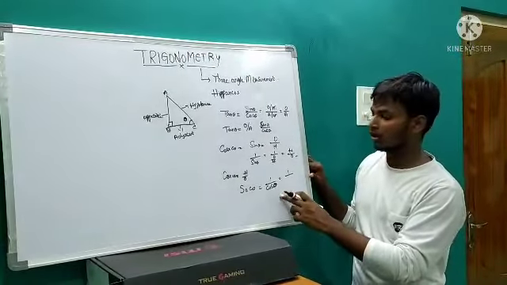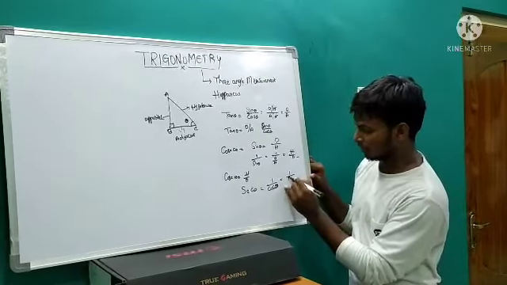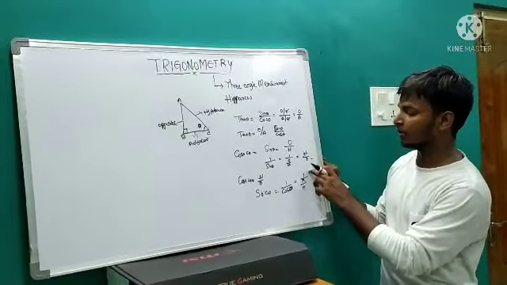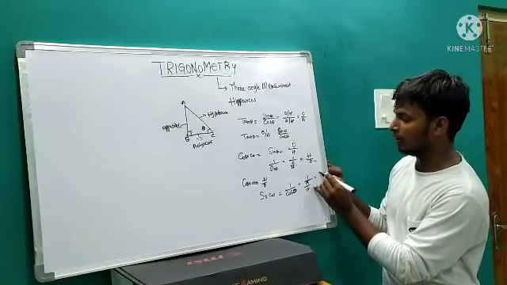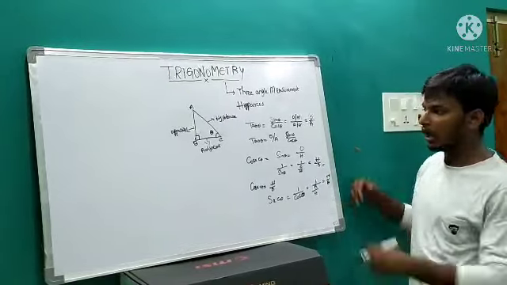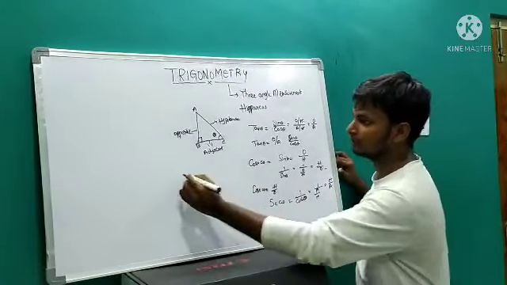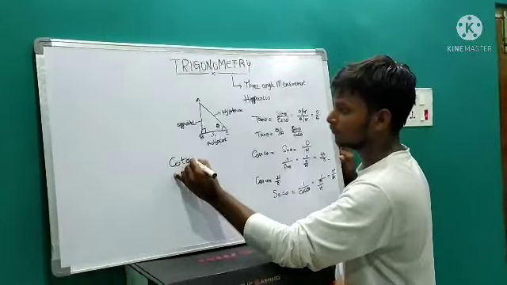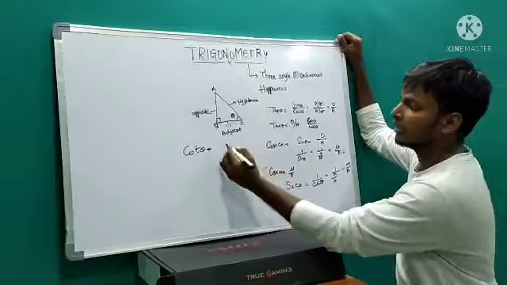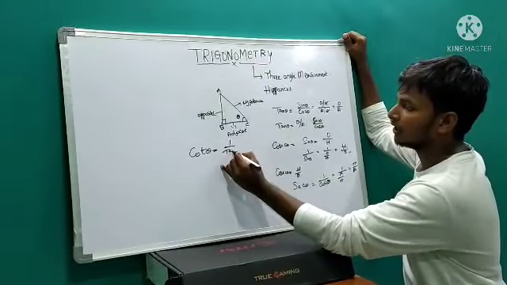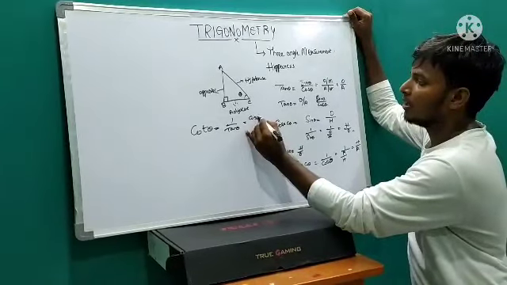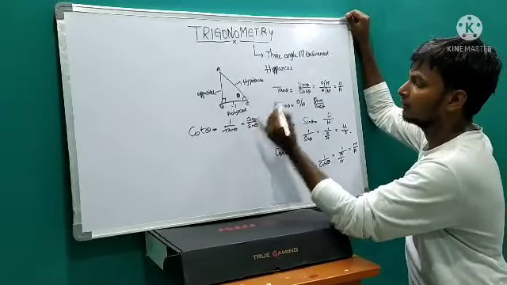What is the cos theta formula? Cos theta is adjacent by hypotenuse. The H will become the numerator and the formula will be H by A. Then the last one is cot theta. We can write cot theta as the reciprocal of tan theta, 1 by tan theta, or otherwise cos theta by sin theta.